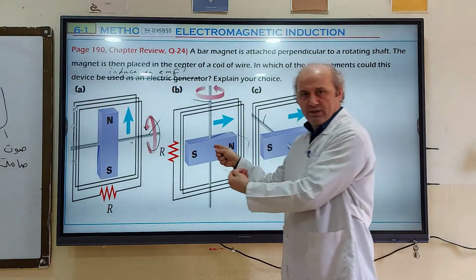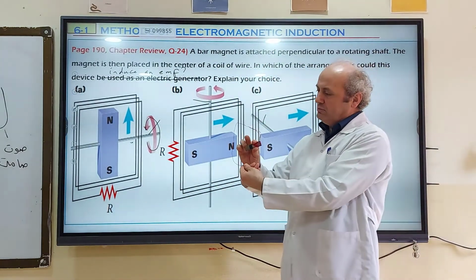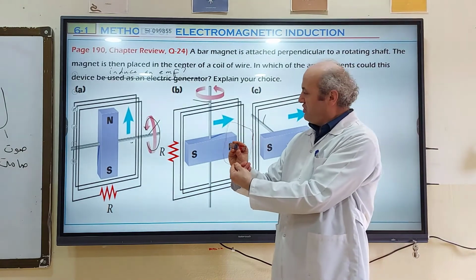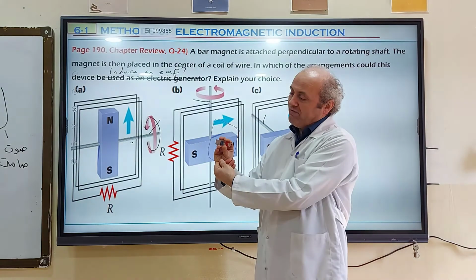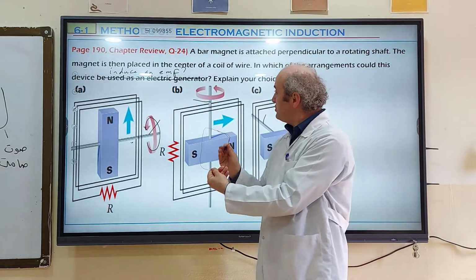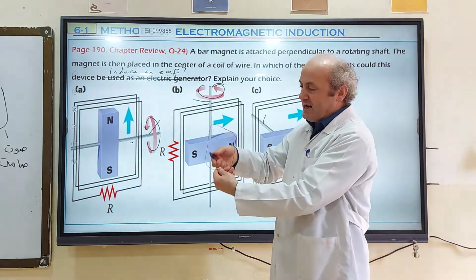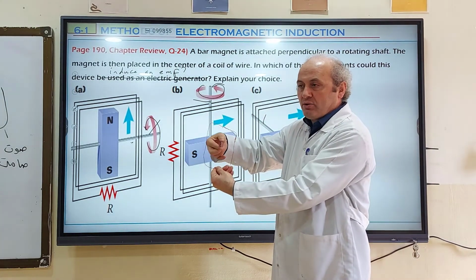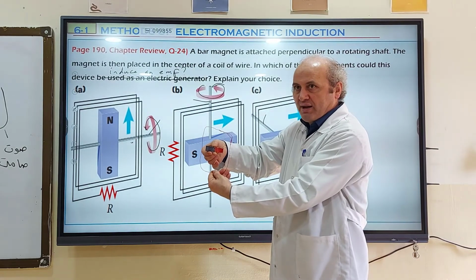Let's study the second one. In the second one, it is like this. N pole, S pole. Initially parallel to the loop, 0 magnetic flux. But if I rotate it like this, because this tells you to rotate it in a horizontal plane, I have to rotate this bar magnet in the horizontal plane. So 0 magnetic flux, because the magnetic field is parallel to the loop.